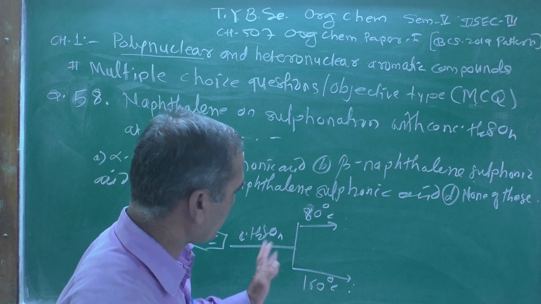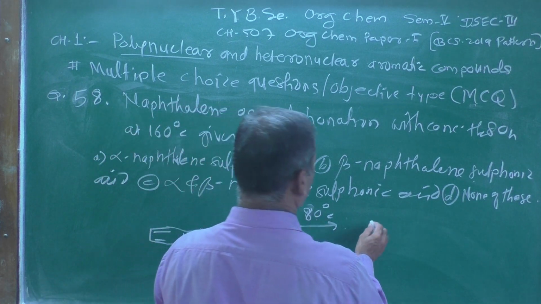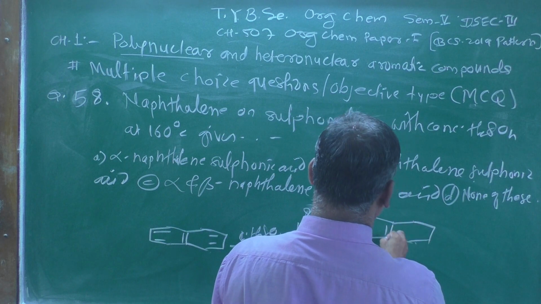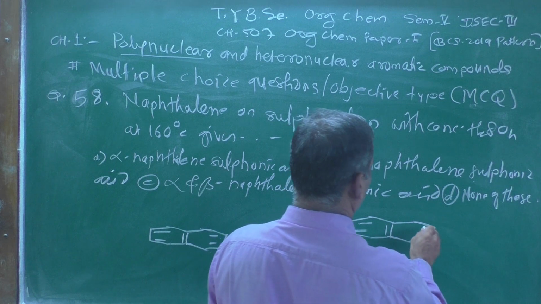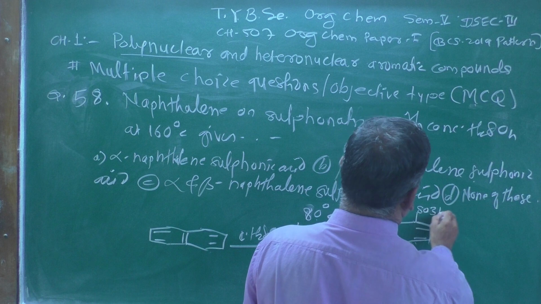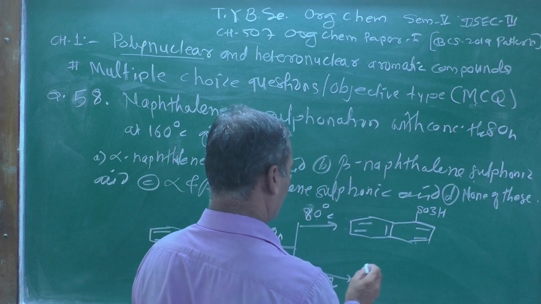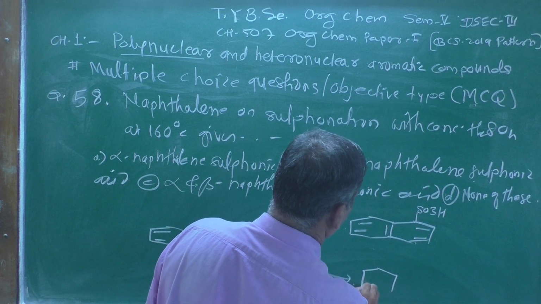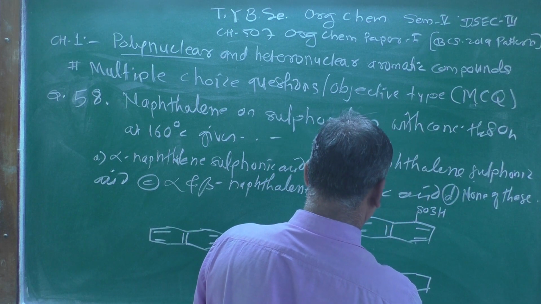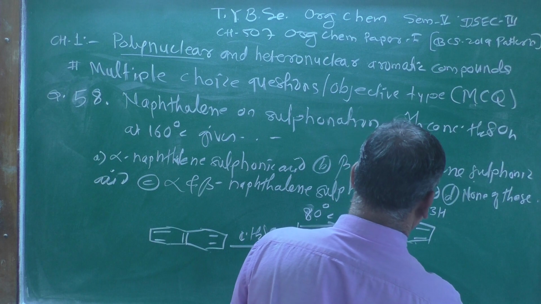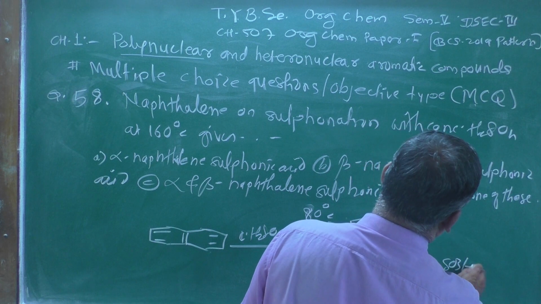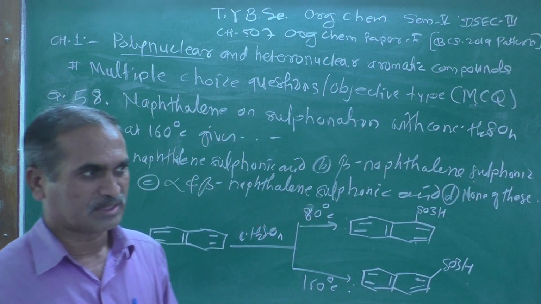At 80 degrees the sulfonation on naphthalene exclusively gives the alpha position. When the temperature is raised up to 160, we exclusively obtain the beta isomer.